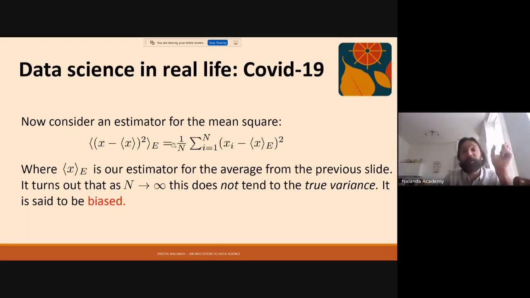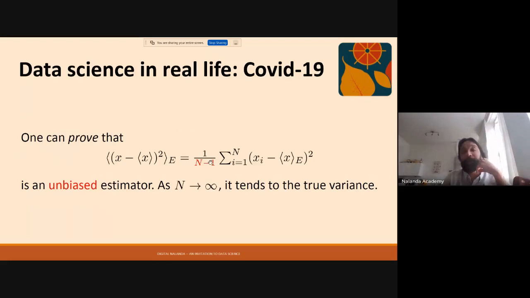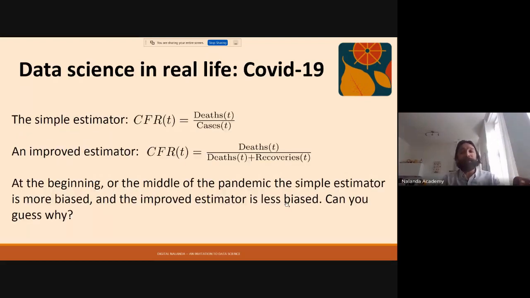So we have to construct a way to estimate what the mean square is, but in order to do that, we have to estimate what the average is. Had we put in the true average here, this would not be a biased estimator, but we can only estimate the average. Because we're putting in the estimator, it turns out that this is a biased estimator, and therefore we have to divide by n minus 1 to unbias it. So in this example, this is a biased estimator.